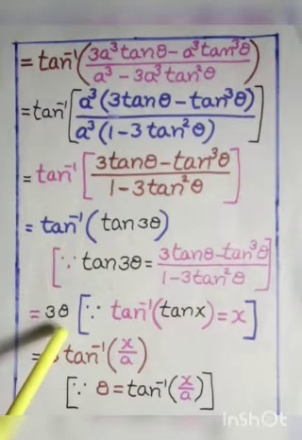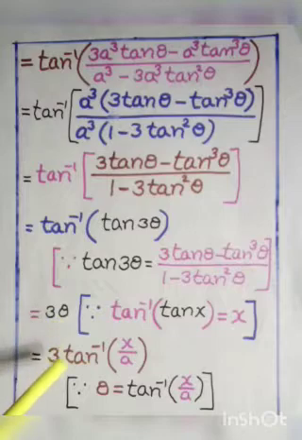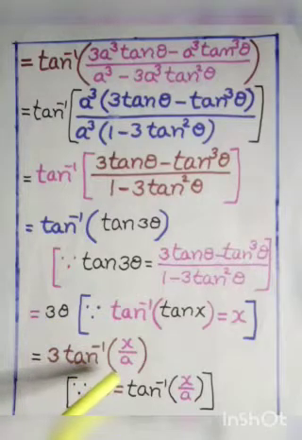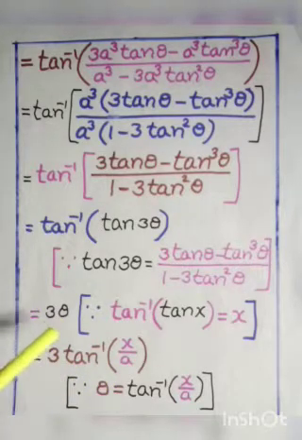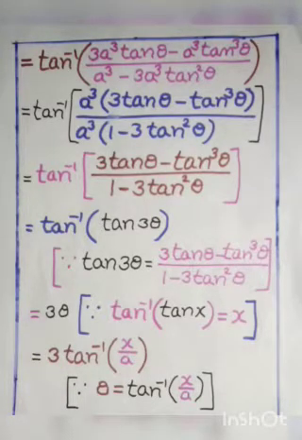Understood this step, my dear children? This is equal to 3 into theta, that is, 3 tan inverse of x by a. At the beginning of the question we assumed this, so we get this value. So this is the simplest form of the given inverse trigonometric function. Understood, my dear children?